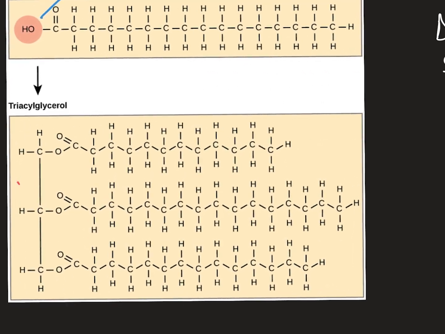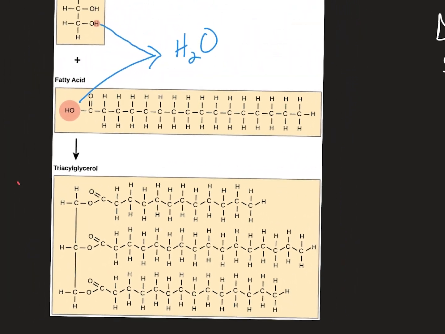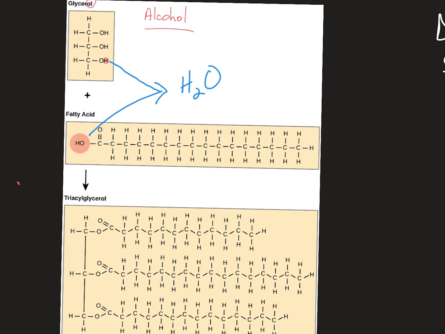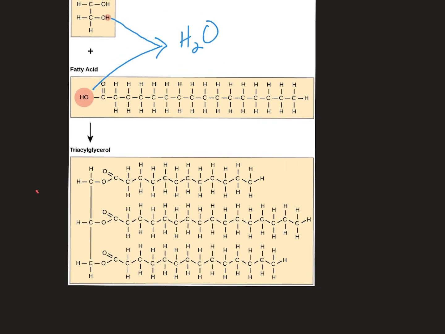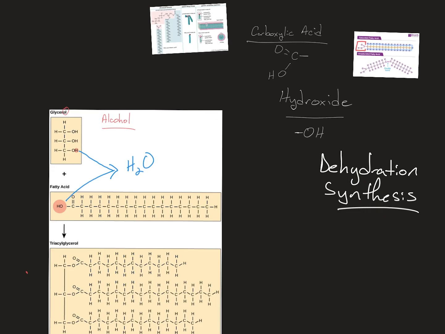The synthesis is putting them together. So by taking water out, we're able to add to each of these 3 carbons a long chain of carbons and hydrogens. Is that clear? So then we have a triglycerol, or triglyceride, or however you want to. There's a difference in the chemistry. It's irrelevant. The point is 3 fatty acids attached to a glycerol molecule. Are we good with that?